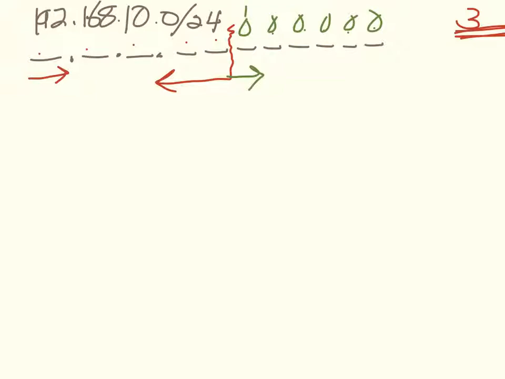If I put all ones, that would give me a broadcast address. So my combinations can't be all zeros and all ones. So instead of 64 combinations, we'll have 60. And then you're going to see how we may not work with all of that. We got 4 networks here to work with.